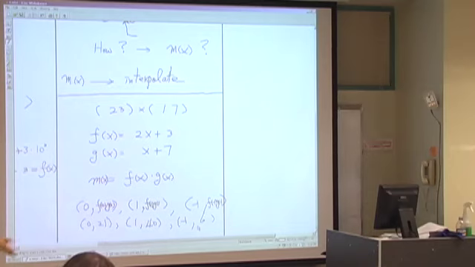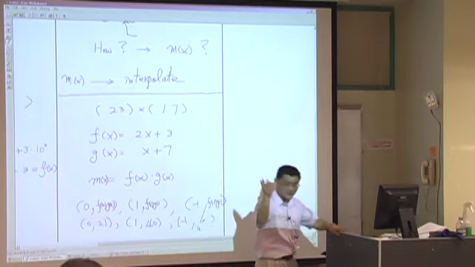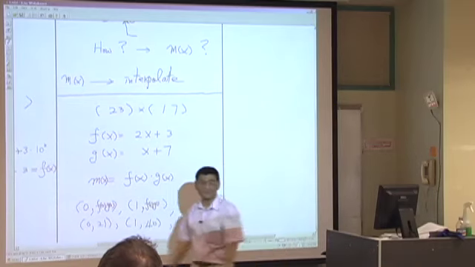Then by using Newton's divided differences or something, you can find it. So please use Newton's divided difference to practice finding the interpolating function of these 3 points.